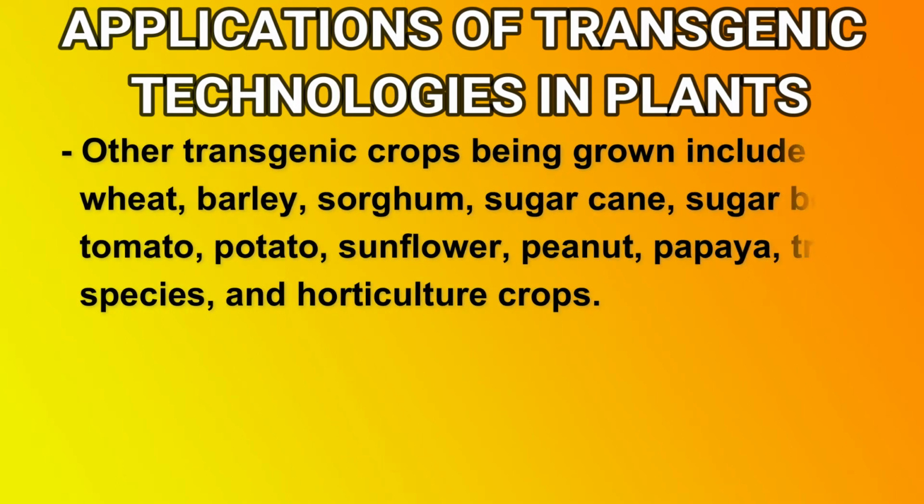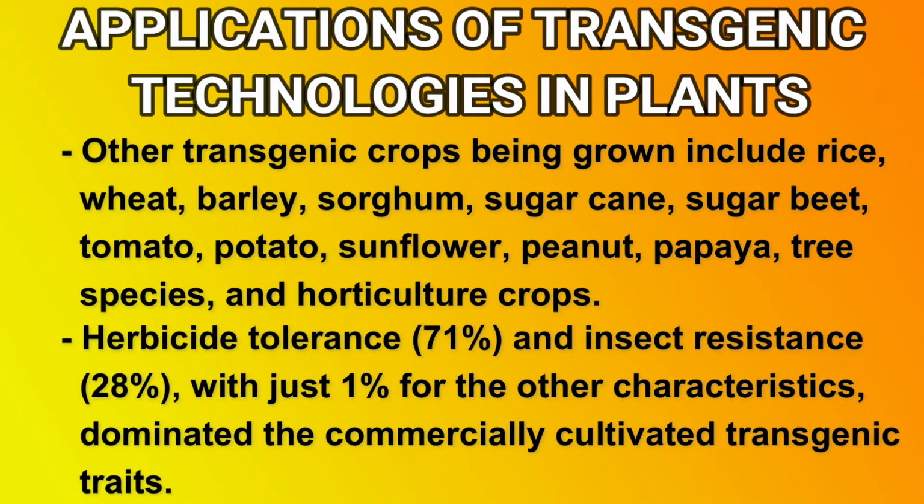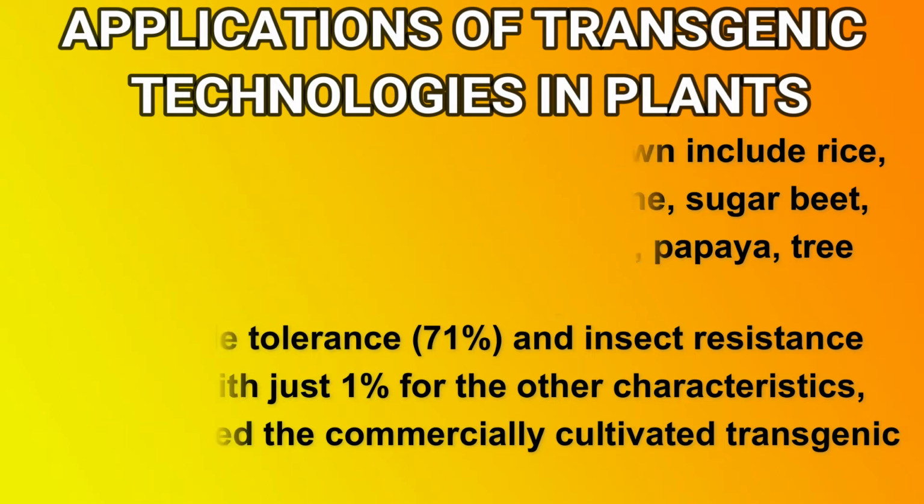Other transgenic crops being grown include rice, wheat, barley, sorghum, sugarcane, sugar beet, tomato, potato, sunflower, peanuts, papaya, tree species, and horticulture crops. Herbicide tolerance 71% and insect resistance 28%, with just 1% for the other characteristics, dominated the commercially cultivated transgenic traits.